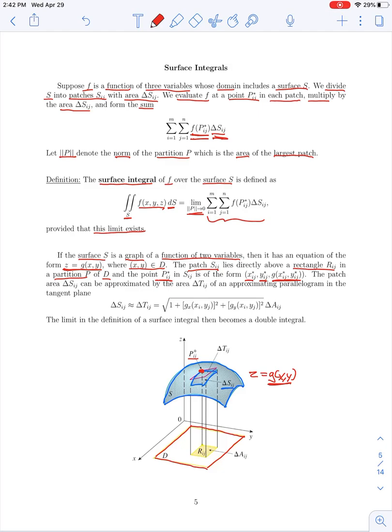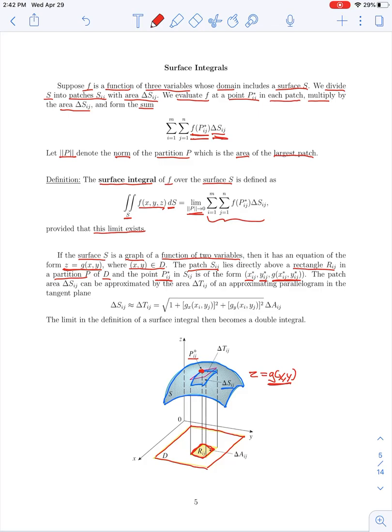So here, our little subpatch we can think of as lying directly over a rectangular region in our domain, and our representative point on the surface, P sub ij, is then of the indicated form.